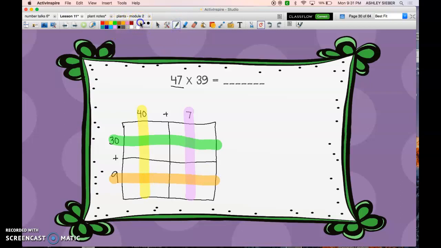All right. I see yellow and green, so I have 40 times 30. Purple and green, 30 times 7. Yellow and orange, 40 times 9. And purple and orange, 7 times 9. Now I'm ready to multiply.